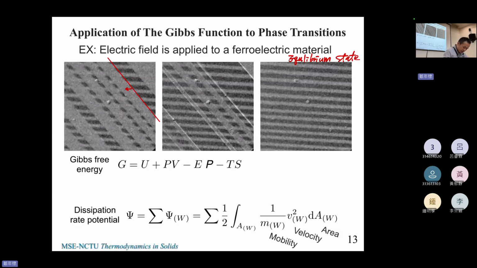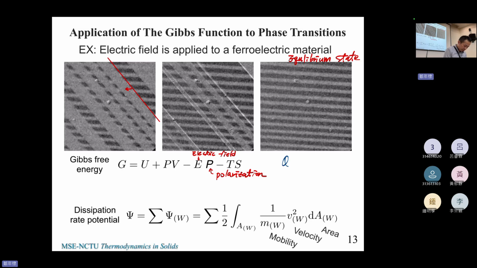Here E is the electric field, and P is the polarization. I guess some of you study ferroelectric material, so you will understand what I'm talking about.